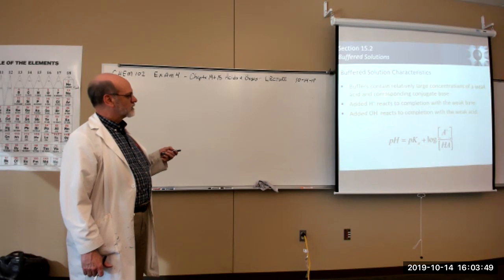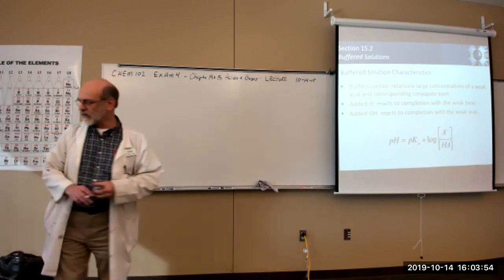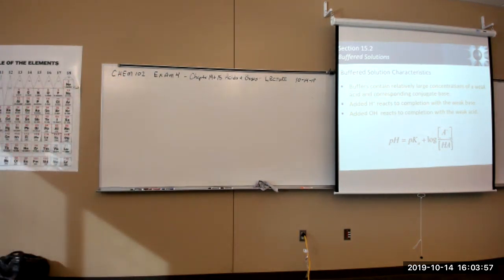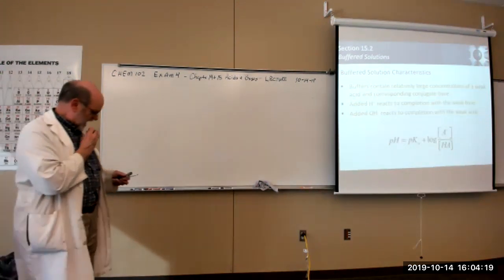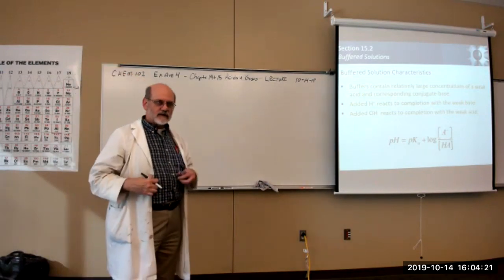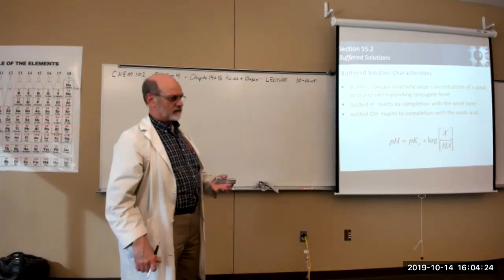Actually, that should be the strong base. That's an error. It should say strong conjugate base. Oops, in the wrong one. The hydrogen ions react with the strong conjugate base, and the OHs react with the weak acid because the OH minus is an extremely strong base.